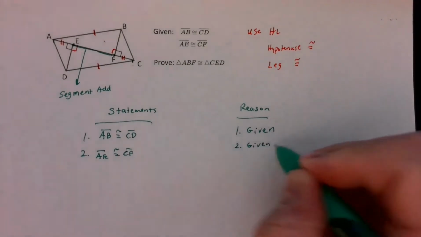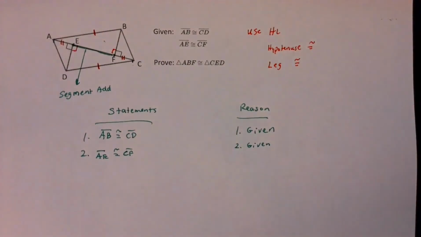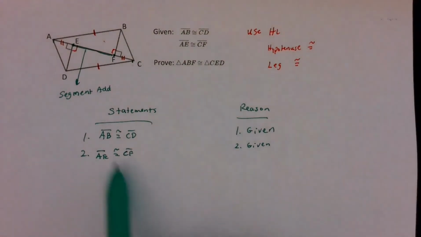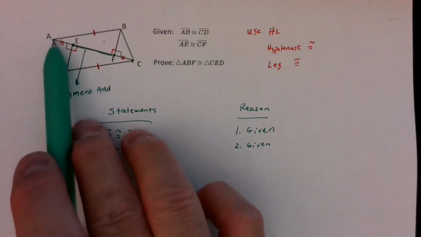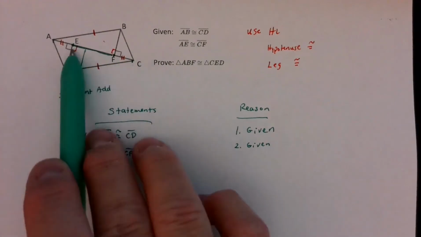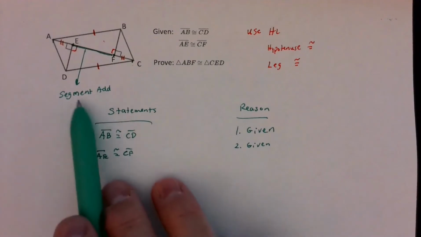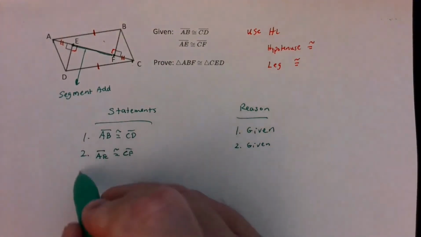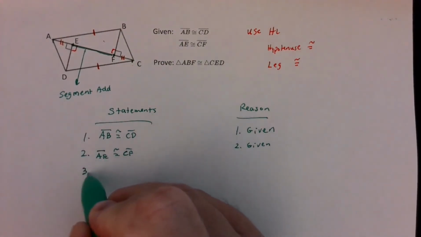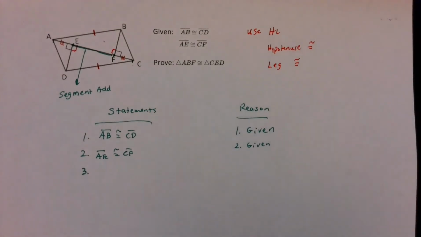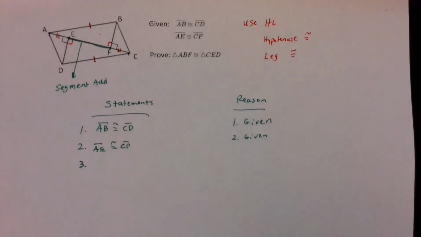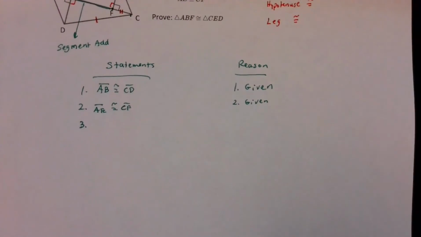So from here is where I'm going to start thinking about things that I know or that I can show. And then I'm going to start off by trying to get to this segment being congruent to this segment. But to do that, I have to build through the segment addition postulate. So I'm going to start off by making what you might think is an obvious statement, but just remember, in any proof, nothing's obvious. You have to state everything.